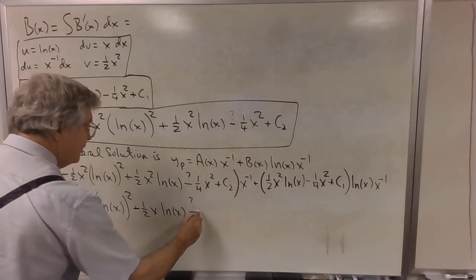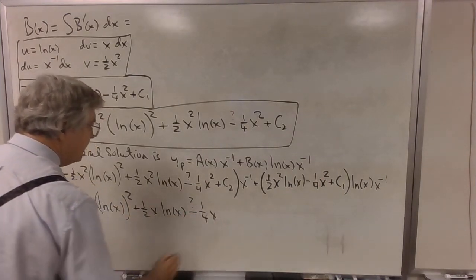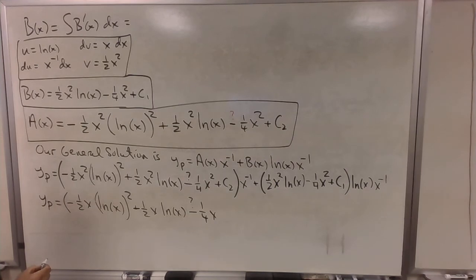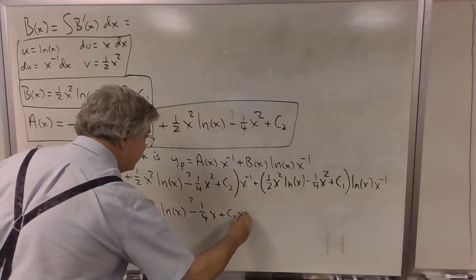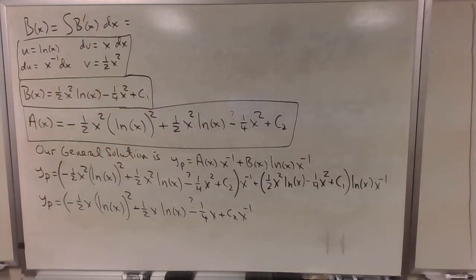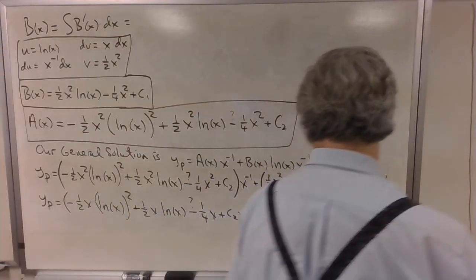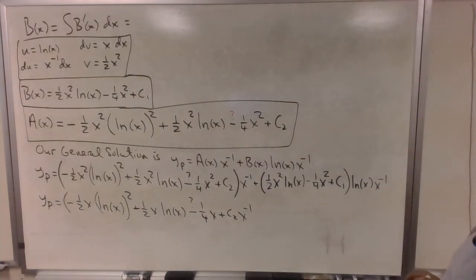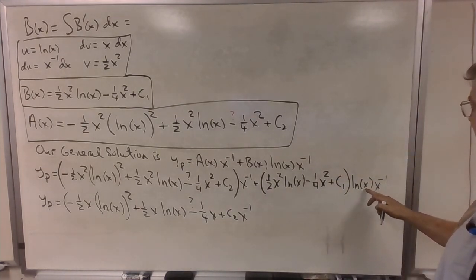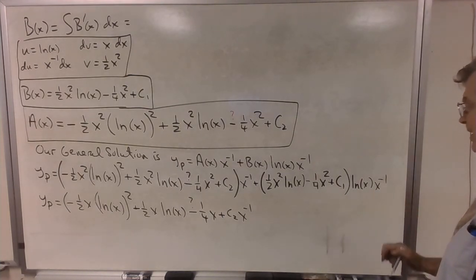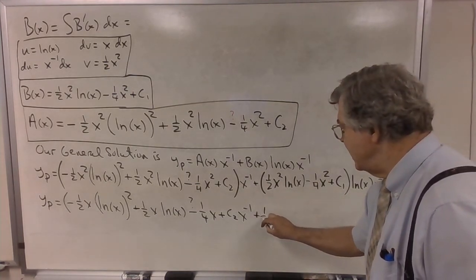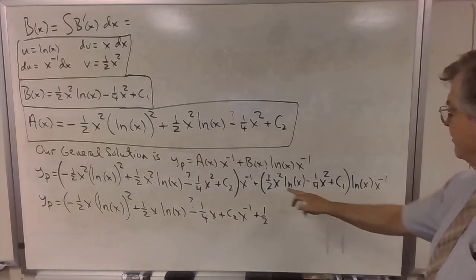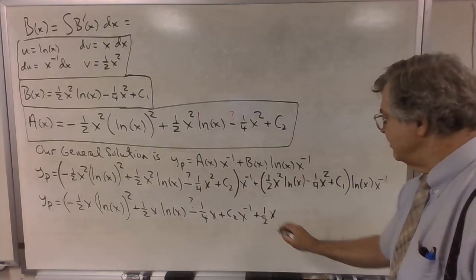X to the negative 1 times 1/4 x squared is x plus c2 x to the negative 1. Natural log of x times x to the negative 1 times this mess, let's say 1/2 x to the negative 1 times x squared is just x.